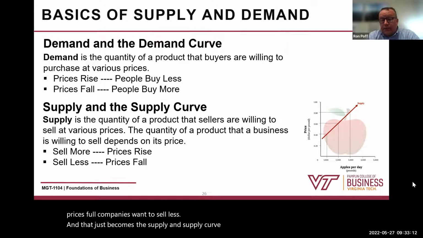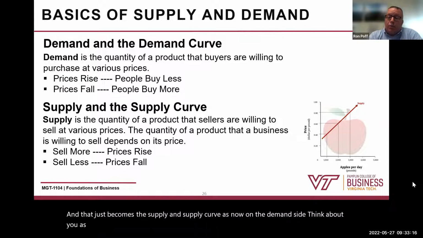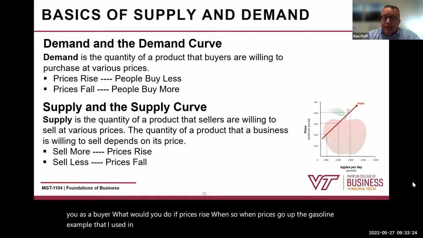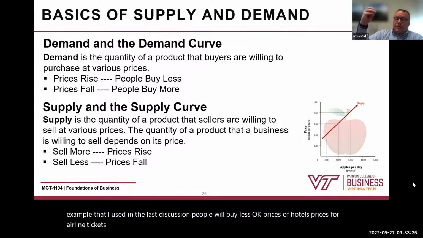Now on the demand side, think about you as a buyer. What would you do if prices rise? When prices go up, like the gasoline example that I used in the last discussion, people will buy less. Prices of hotels, prices for airline tickets. When prices start to go up, people start to retreat. They start to hold on.